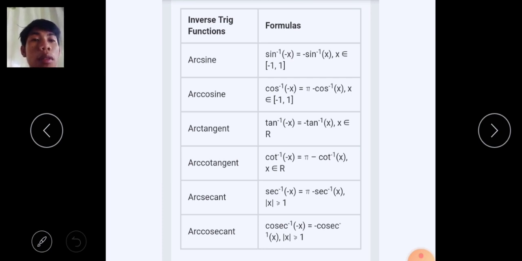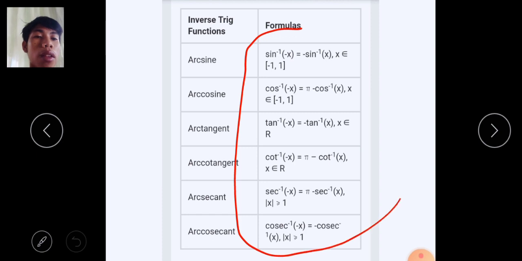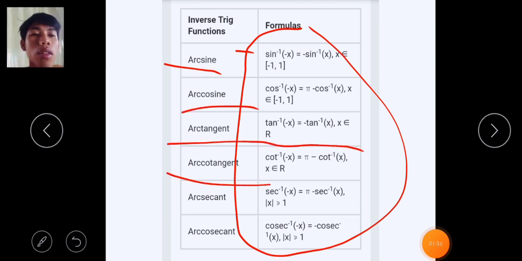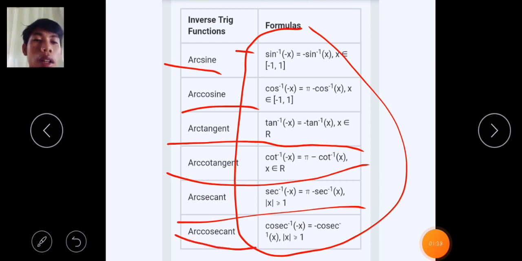So just follow these formulas. For arc sine, here is its formula. Likewise for arc cosine, tangent, cotangent, secant, and arc cosecant.